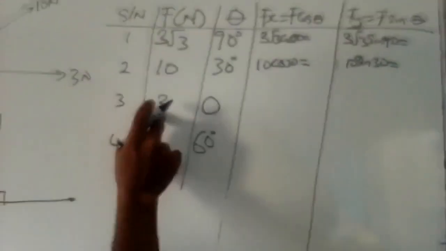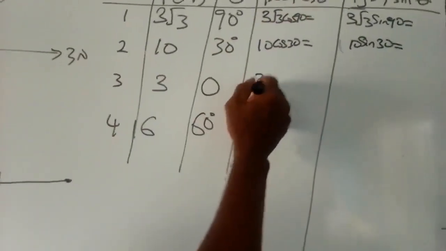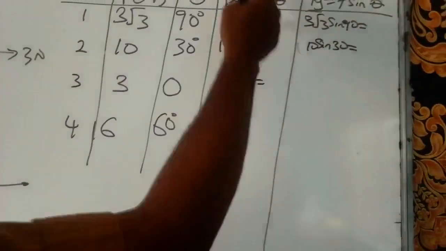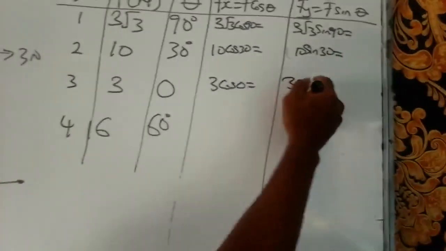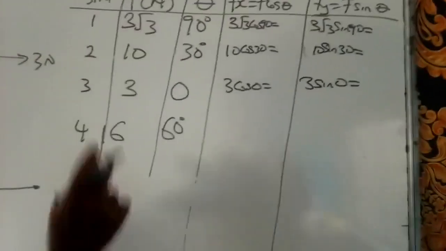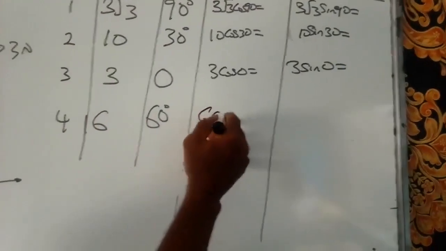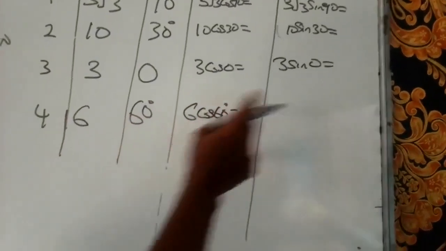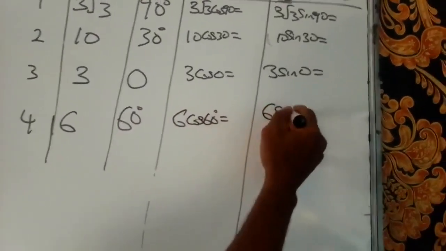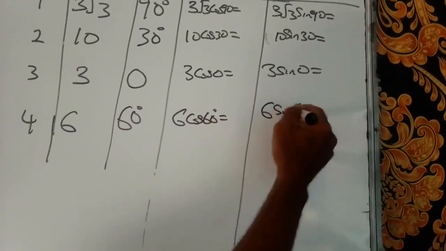Then 3 cos 0 on this column, and 3 sine 0 on the other column. 6 cos 60 on this column, and 6 sine 60 on the other column.